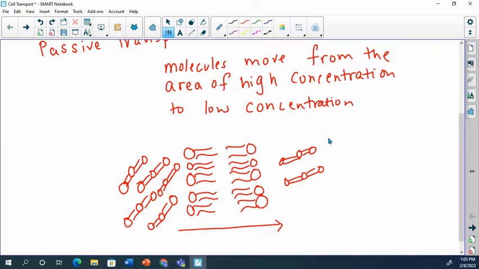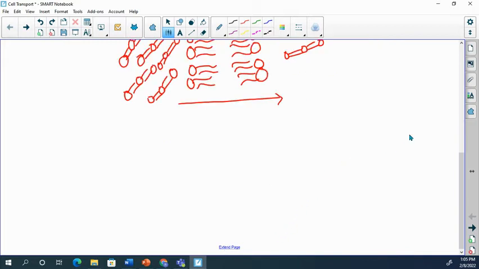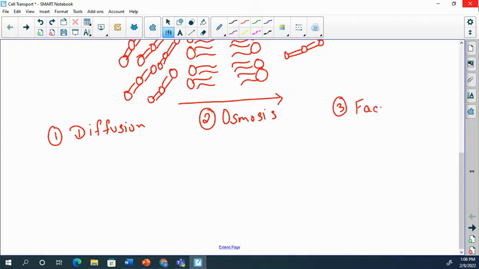And passive transport is done in three ways: diffusion, osmosis, and facilitated diffusion. So three methods. First is diffusion. The second method is osmosis. And the third way is facilitated diffusion.